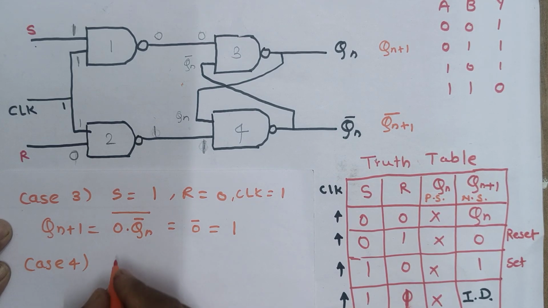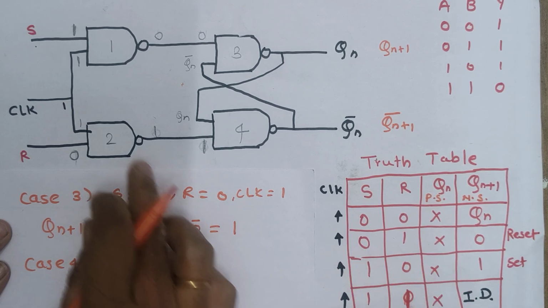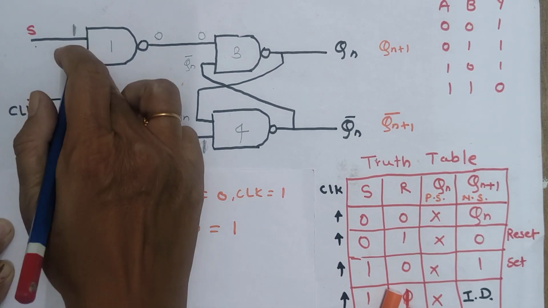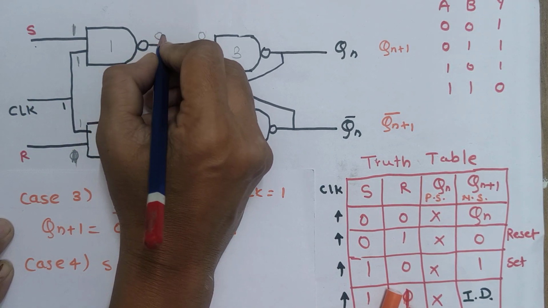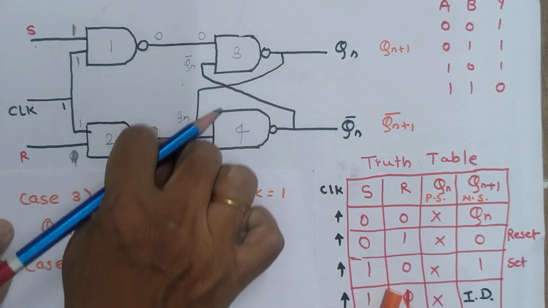The last state, case 4, is when S is equal to 1 and R is equal to 1. This condition we are going to see. When both inputs are 1, the output will become 0 for both gates 1 and 2.